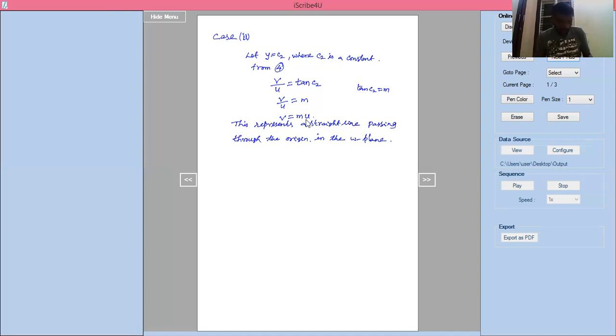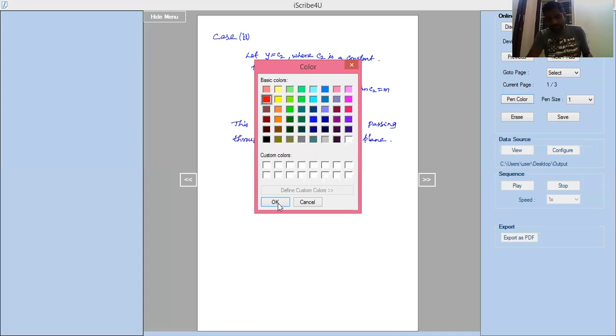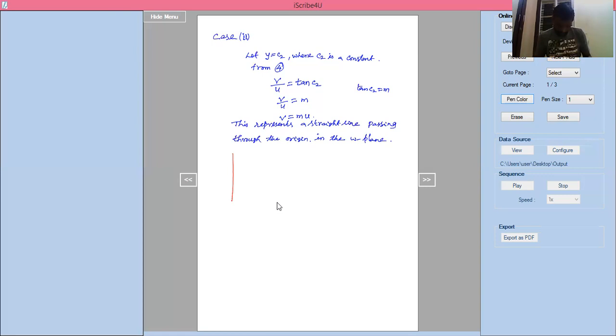Now, here I have to show a diagram for this. I'll take this as the x-axis in the z plane. This is the x-axis and this is the y-axis.